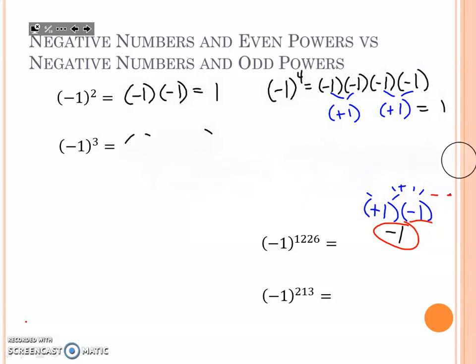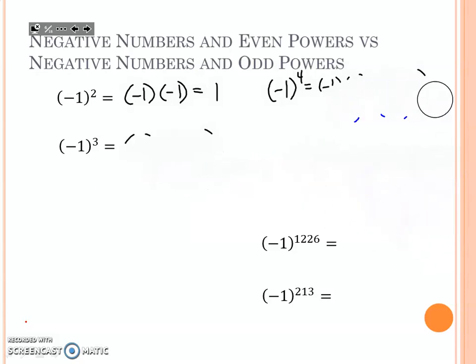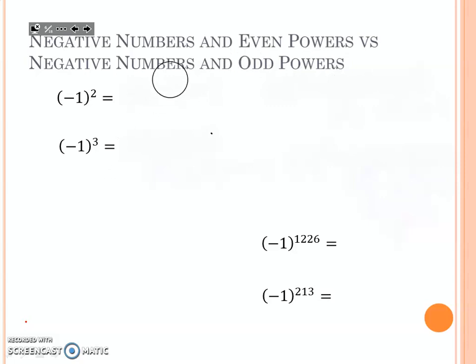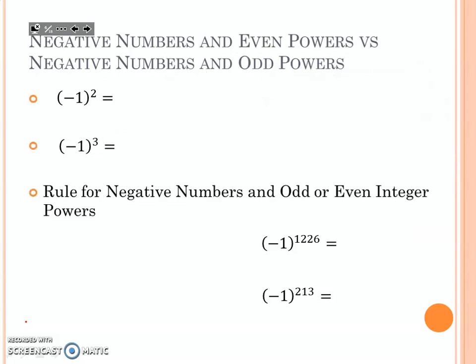And our rule is, and this will help you guys periodically throughout the year, that if you have a negative in parentheses and it's to an even power, you're going to have a positive answer. Versus anytime you have a negative and there is an odd power, it will always stay negative. Okay?